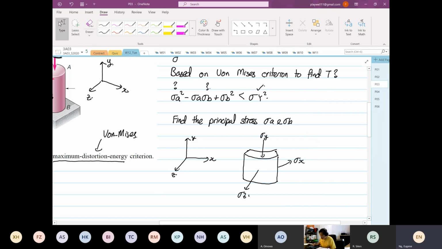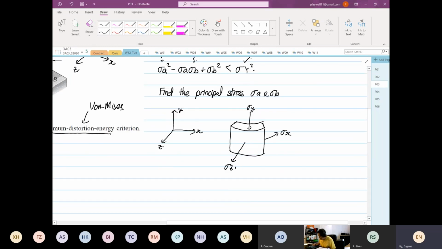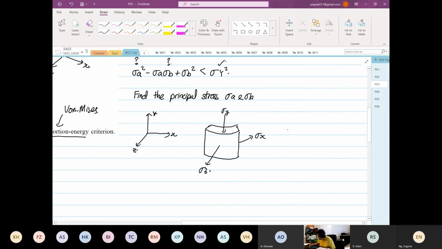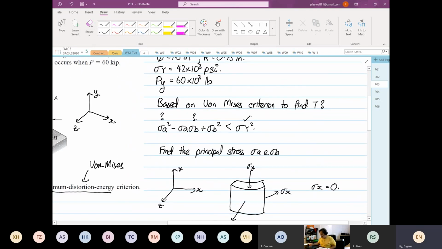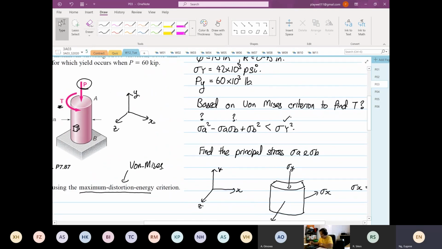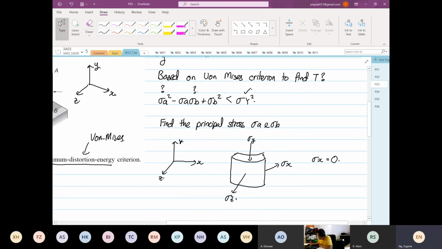From our structure, we know that stress X, there's no bending or whatsoever, sorry, there's no radial forces, so stress X is equal to 0. Stress Z is also equal to 0. Okay, so now we have to calculate stress Y.